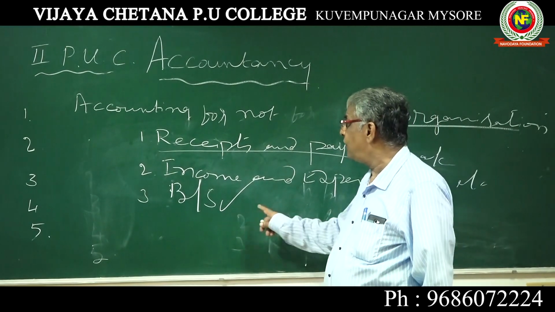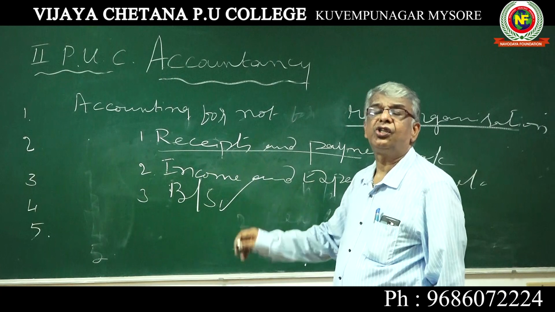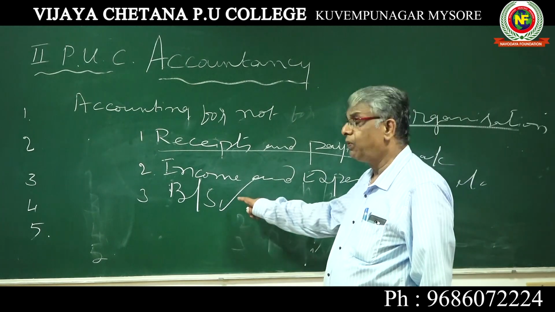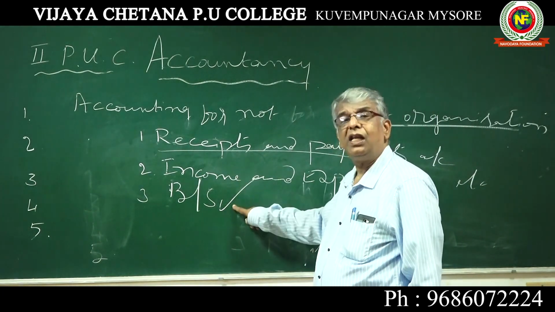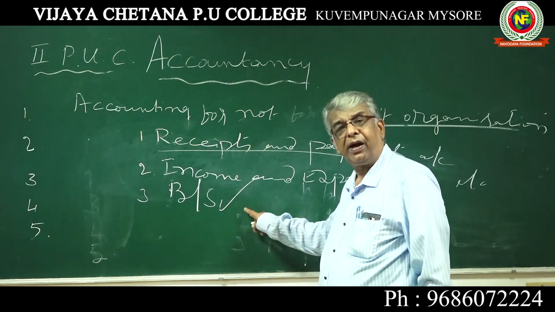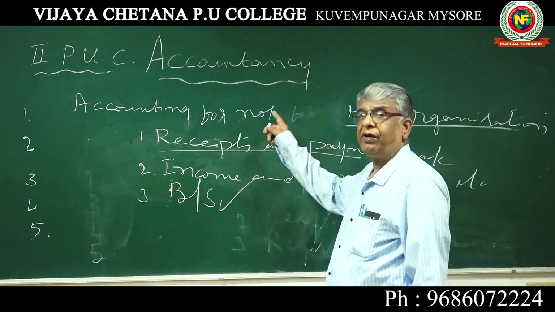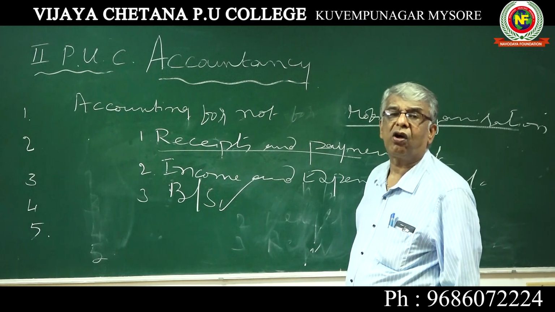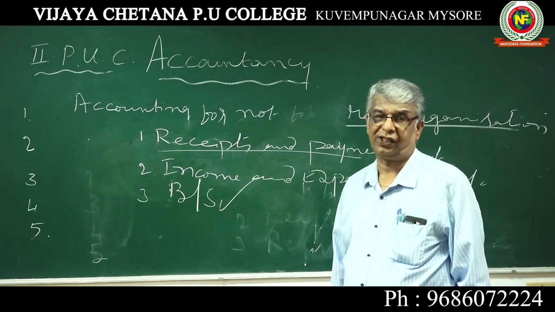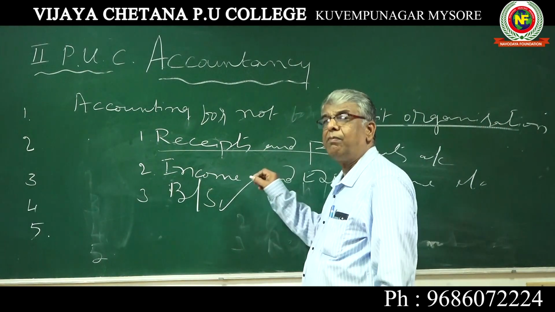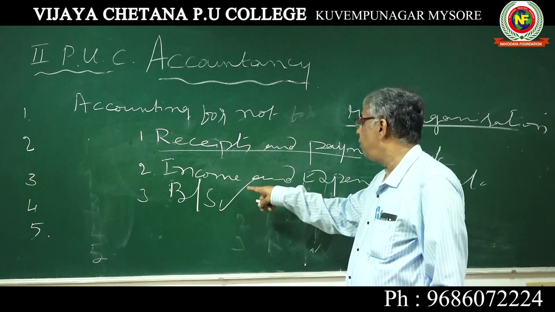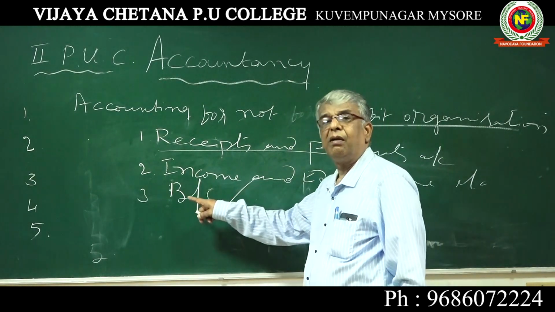It is prepared to know the financial position of a business. So these are the three important points we have learned: the receipts and payments account, the income and expenditure account, and the balance sheet.